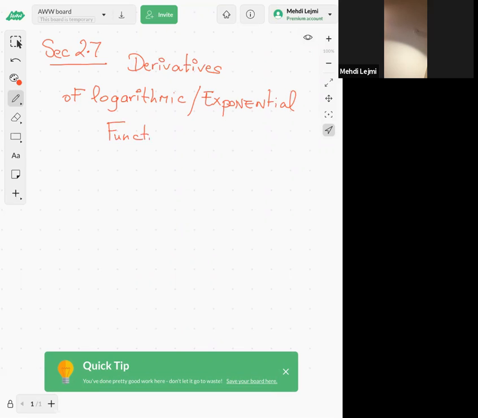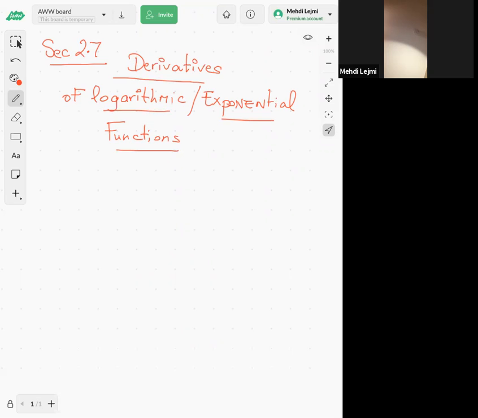So last Wednesday, I started with the derivative of exponential. Let me just remind you. Last week I computed the derivative of exponential of x.